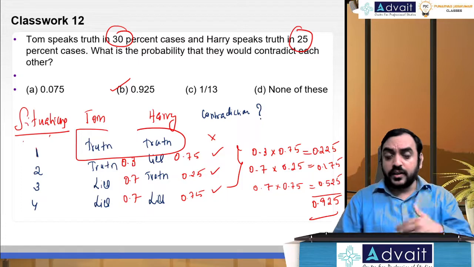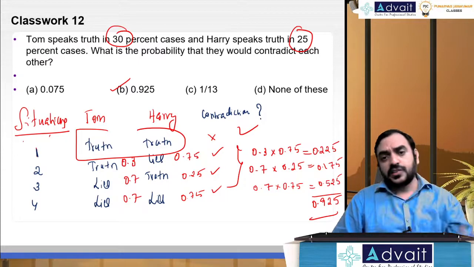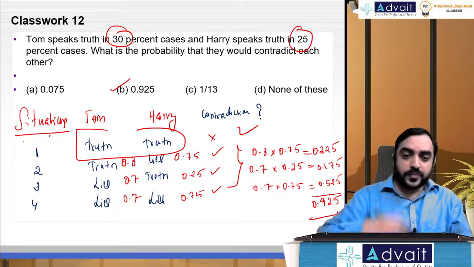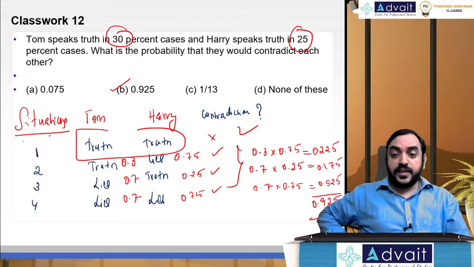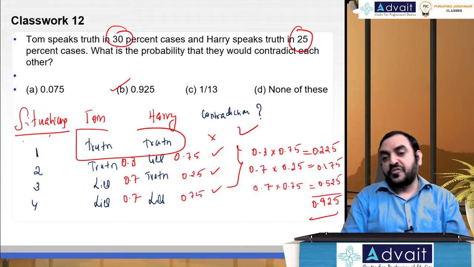So the total is 1, and if I subtract the first situation, all the other remaining cases give you the answer. I'll show you that also. I hope you have done till here, and this is more accurate and faster from an exam point of view.